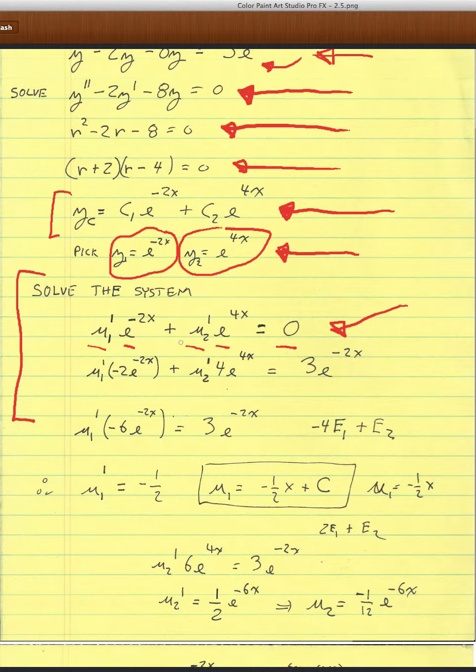Now, if we differentiate our y1 and y2, we write down a second equation right here, where, as you can see, I'm taking u1 prime times the derivative of y1 plus u2 prime times the derivative of y2, and that has to be equal to our function f of x.